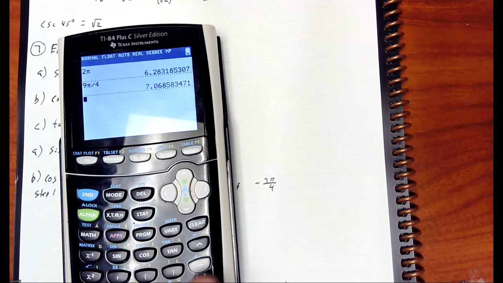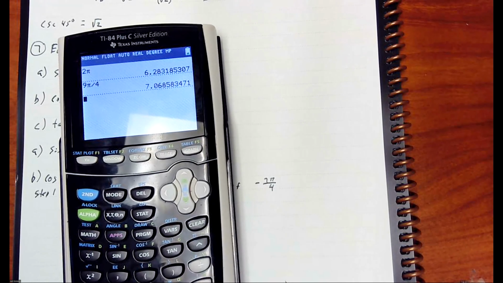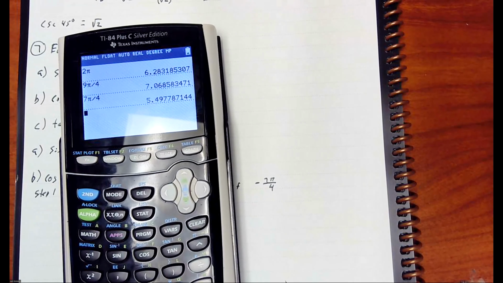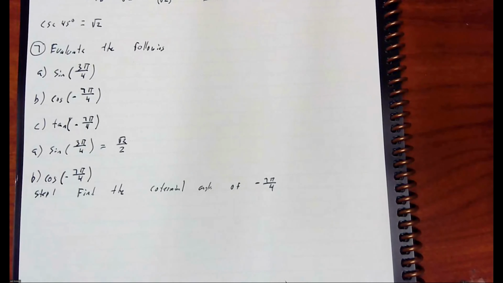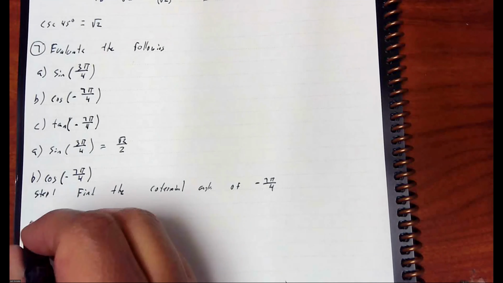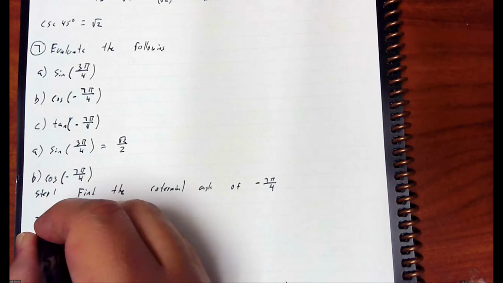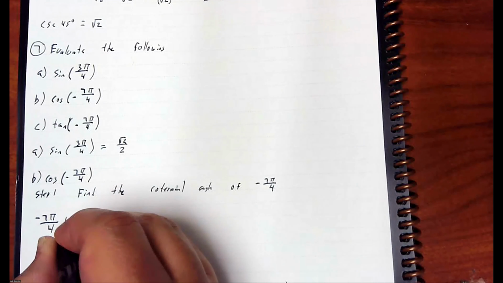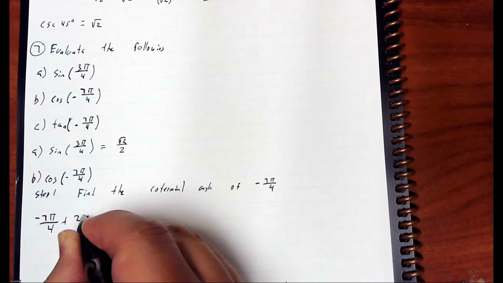All right, is that less than negative 2 pi? No, it's above it. So all we have to do is add a single 2 pi. So negative 7 pi over 4 plus 2 pi. Is your common denominator just like before?